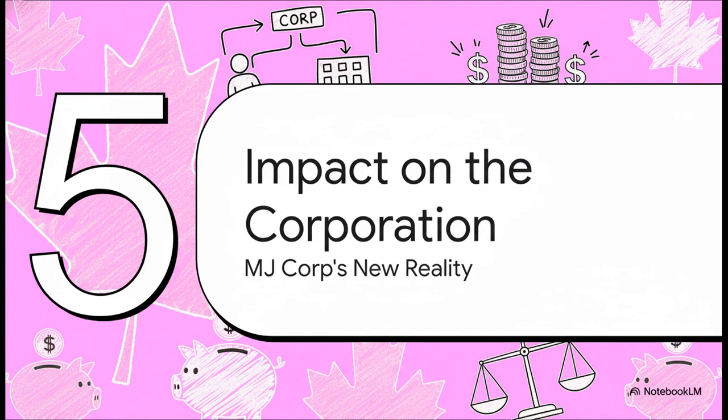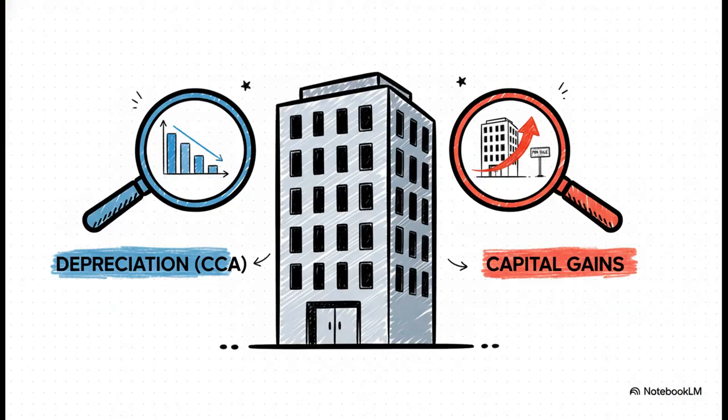Okay, we've looked at Lucy. Now let's flip the coin. What does this all look like from the corporation's point of view? What does MJ Corp put on its books as the cost of this new asset? This is one of those concepts that can feel a bit strange at first. MJ Corp now has two different cost amounts for the exact same asset. It's weird, but it's true. If MJ Corp turns around and sells this asset someday, its cost for calculating that capital gain is easy.